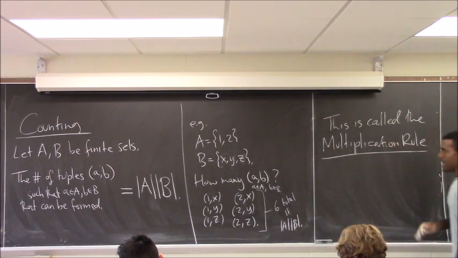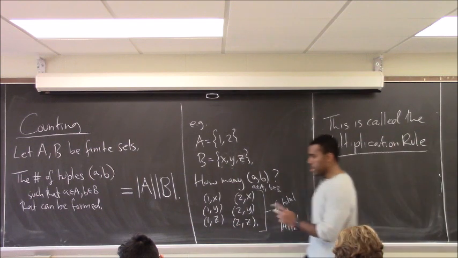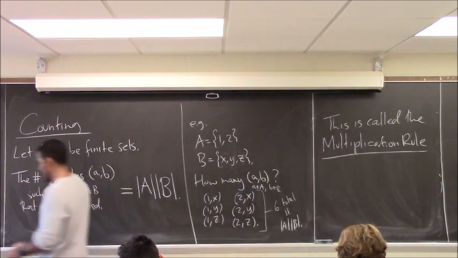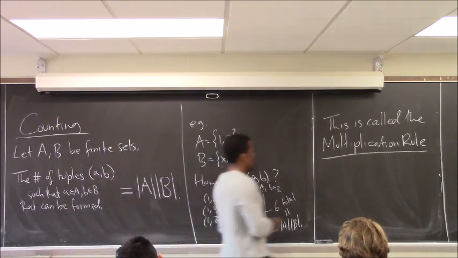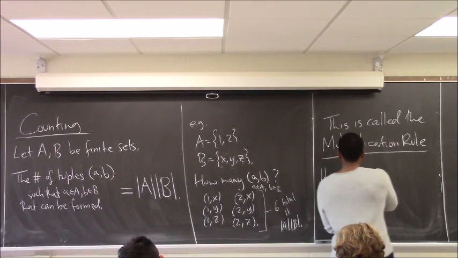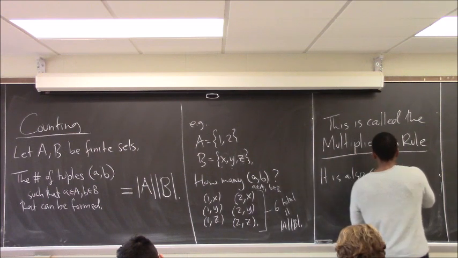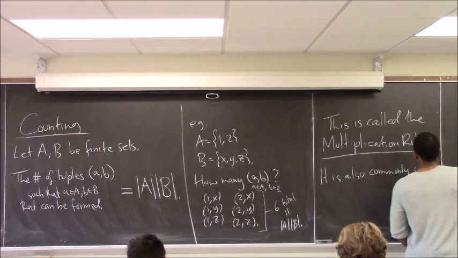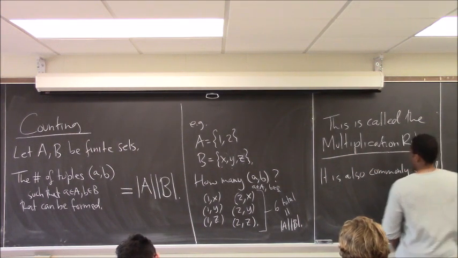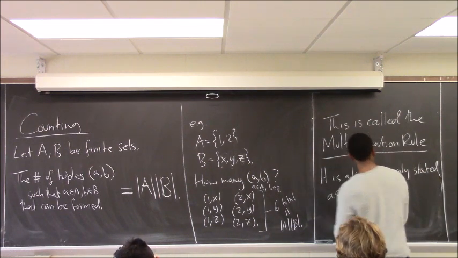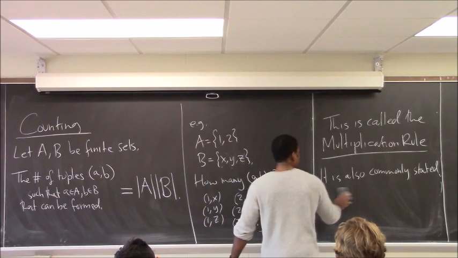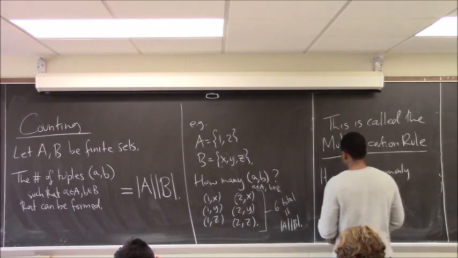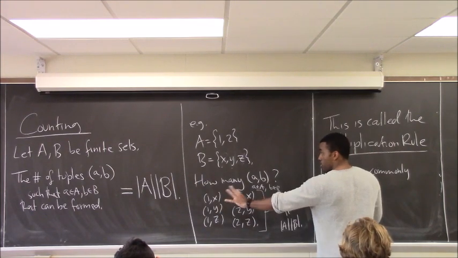Now, there's a reason why I stated it in terms of tuples. It's not usually stated in terms of tuples, but being able to think about tuples is going to be a very important thing for us. So I also want you to know how the rule looks in its common form. It's commonly expanded, because this can work for more than 2 sets.